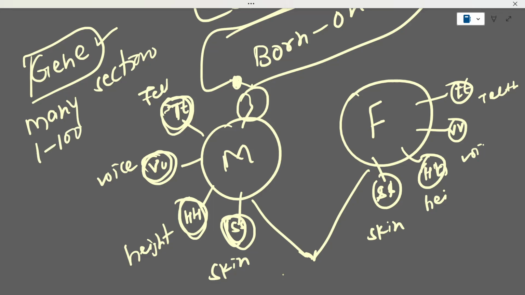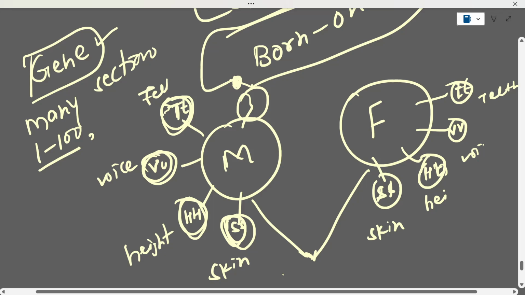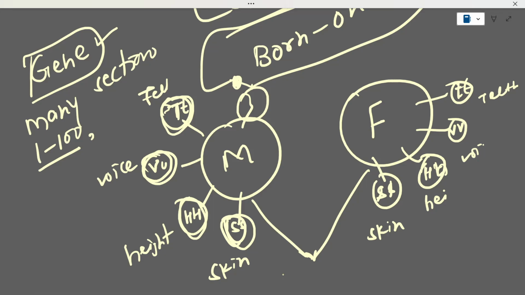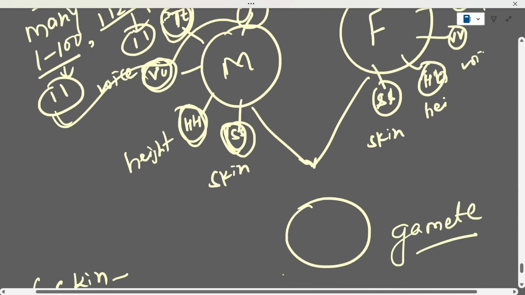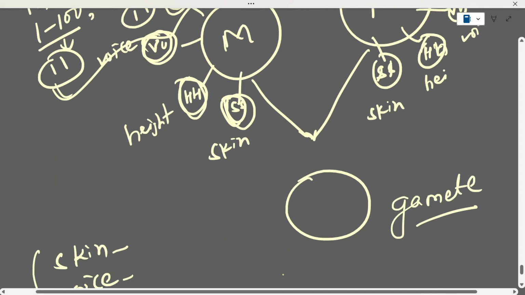It may be that a particular gene is controlled by the chain which is 1 to 100, then 112 to 118, then 212 to 320, this way. So there are three different genes, and all of them may have their two forms. So here the probability of recombination increases manifold.